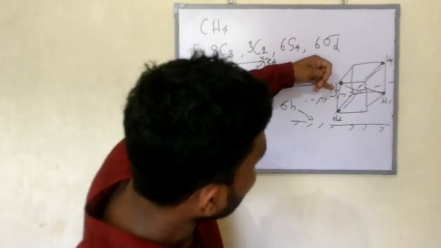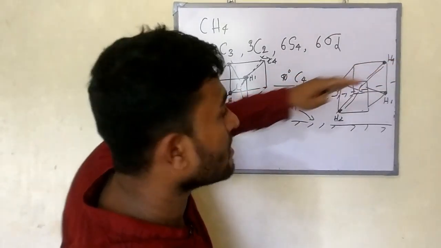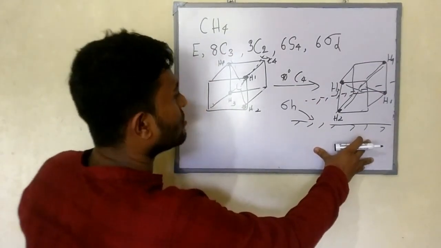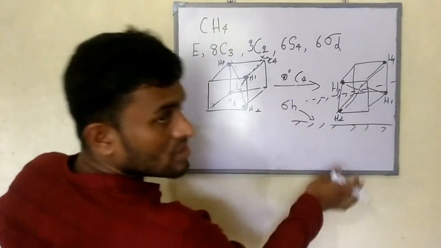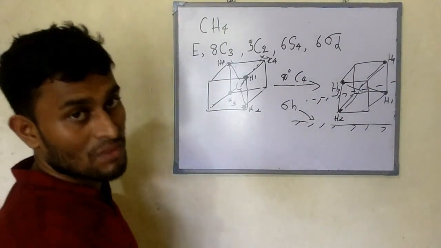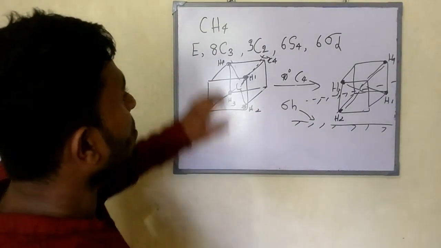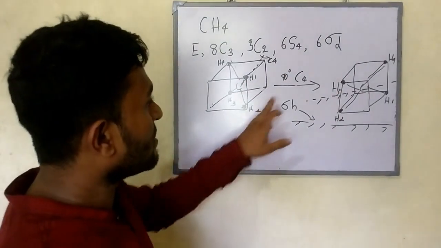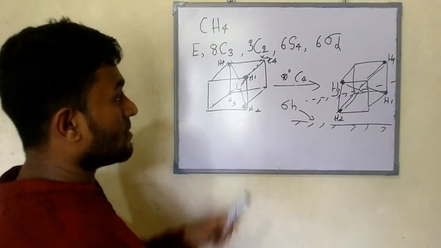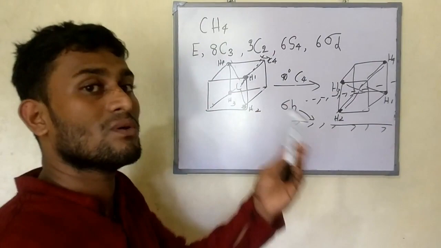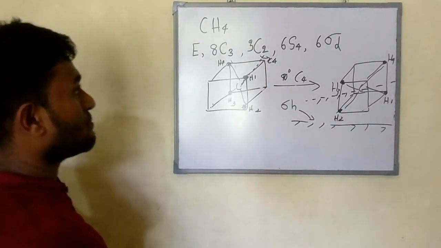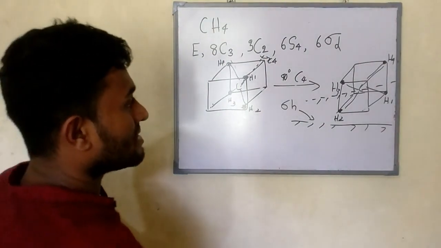So H3 and H4 will be cut similarly. So you can write that structure also. And those two structures are indistinguishable from each other. So you can take 6 S4, because if S4 is possible, if C4 is there, C4 cubed is also there. So this is the methane molecule.